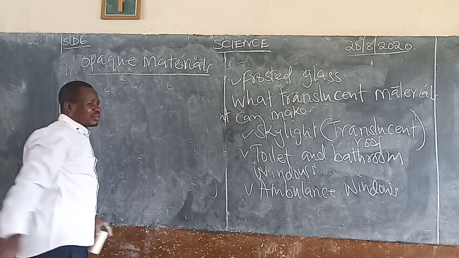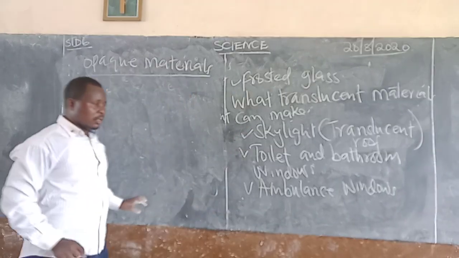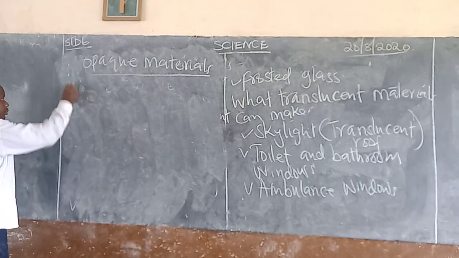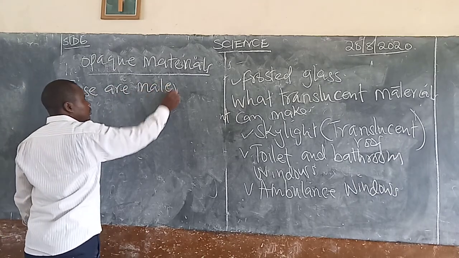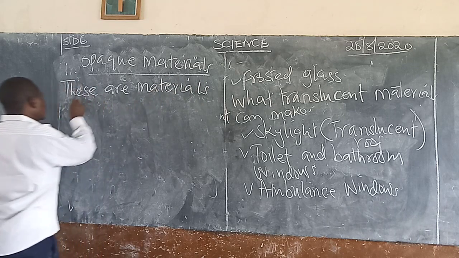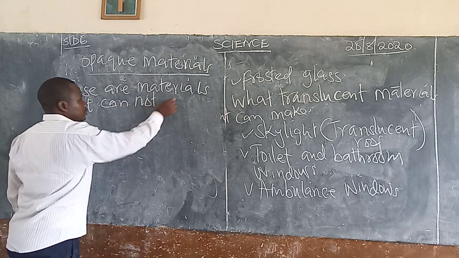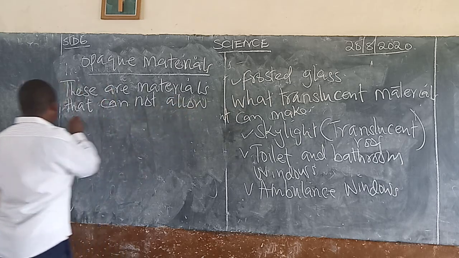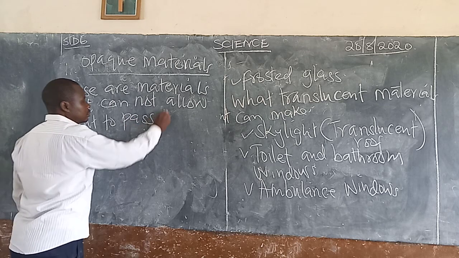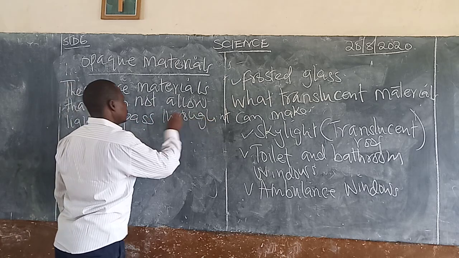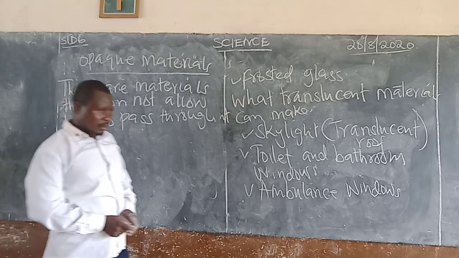Now under opaque materials, we realize these are materials that cannot allow light to pass through them.